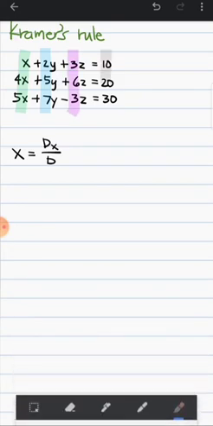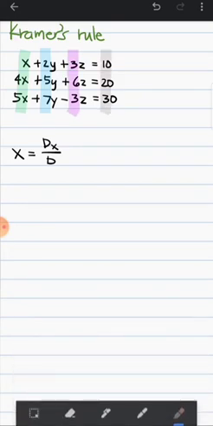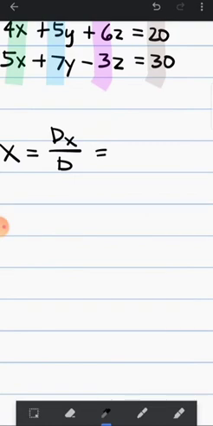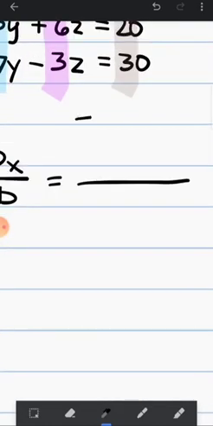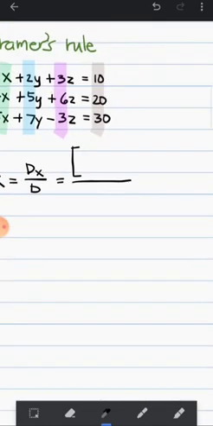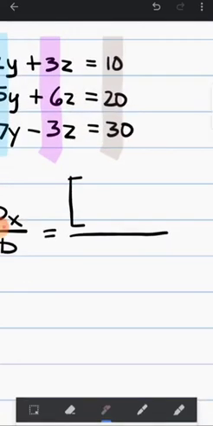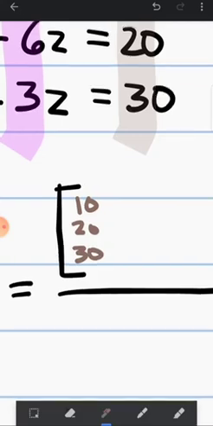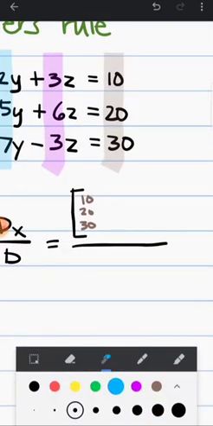And then these are the constants. So what you're going to put in the determinant of x is this one: the constants go in the column of x, 10, 20, 30. So this is the place for x.